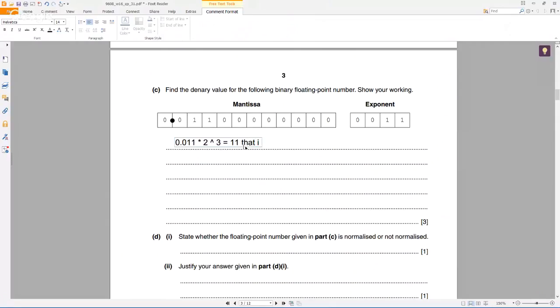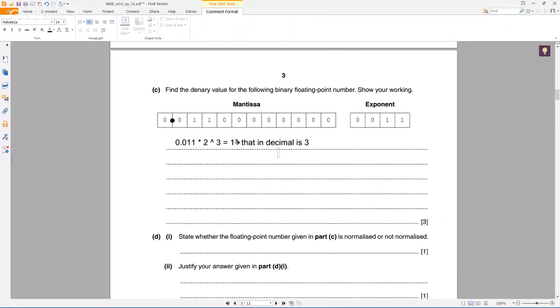So the idea is that you take the mantissa's binary, then you move the dot based on the exponent. The exponent is 3, so you need to move the dot right by 3 positions. In this case, we are lucky because we get just an integer value, so we don't have any fractional part.